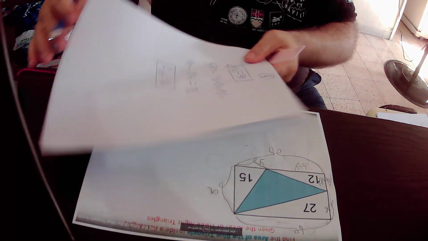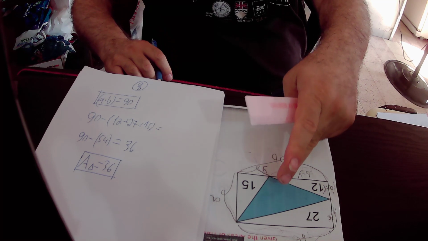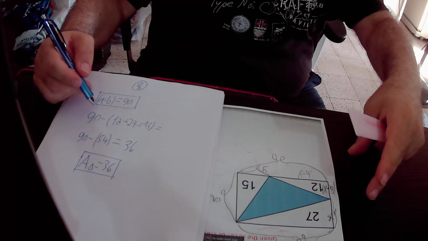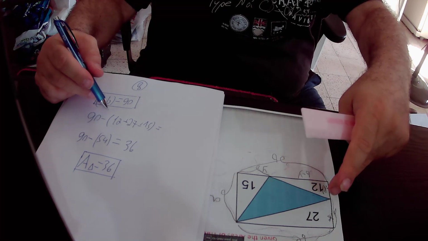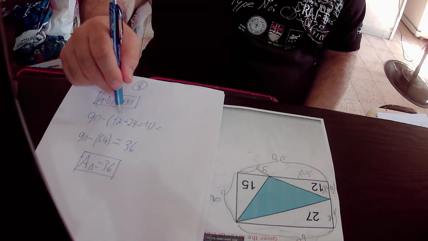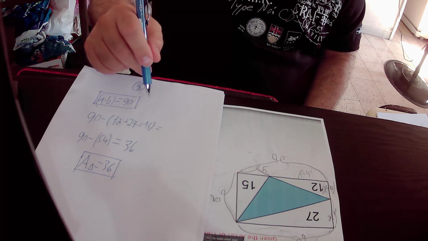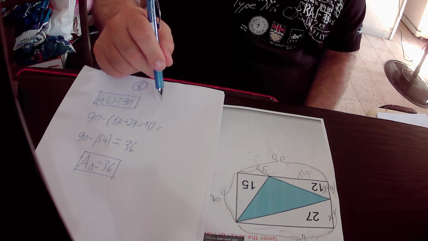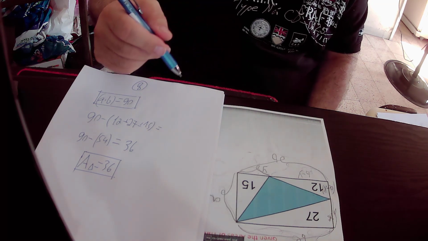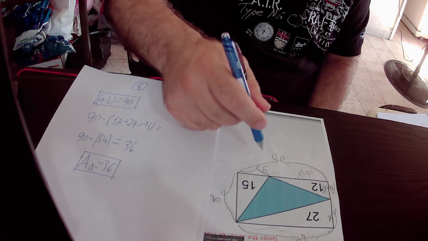I will repeat again. The area of the blue triangle equals the area of the rectangle minus the sum of the areas of those three right triangles, which have areas of 15, 27 and 12 units.